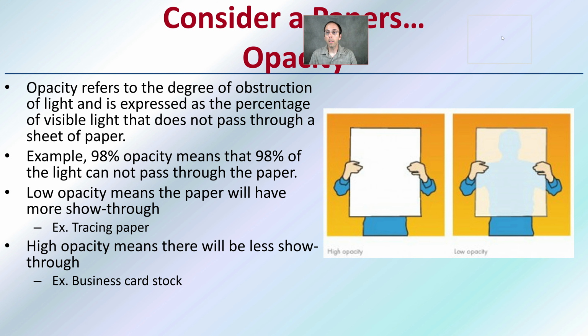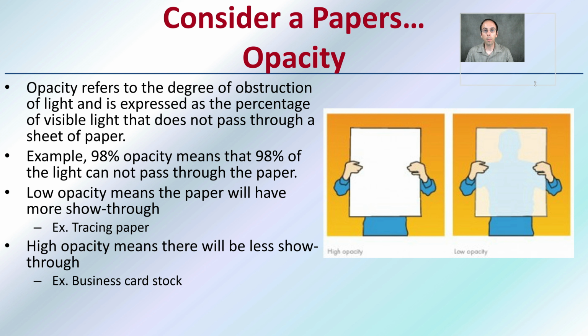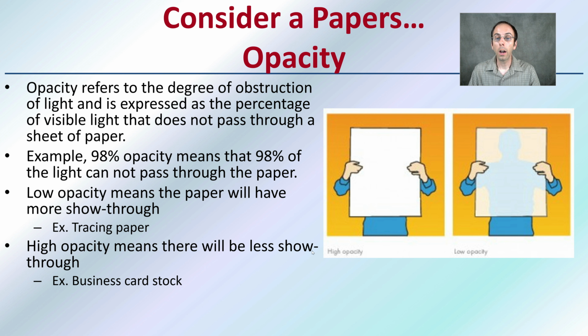You also want to consider the opacity of the paper that you're looking at. High opacity and low opacity. High opacity is going to block a lot, and low opacity you're going to be able to see through it. And it's referring to the degree of obstruction of light that's expressed as a percentage. So for example, something at 98% opacity means that 98% of the light cannot pass through the paper.